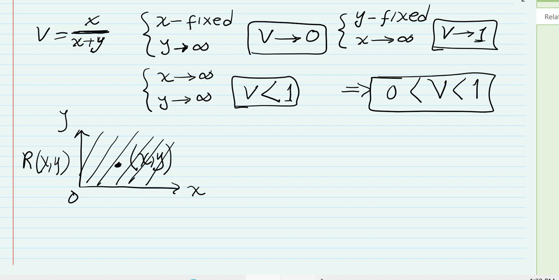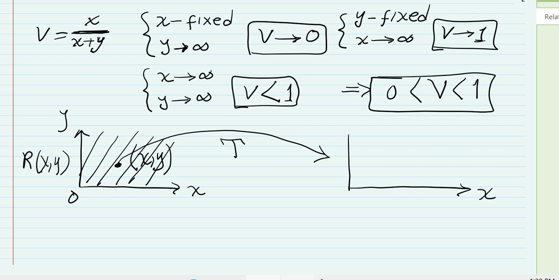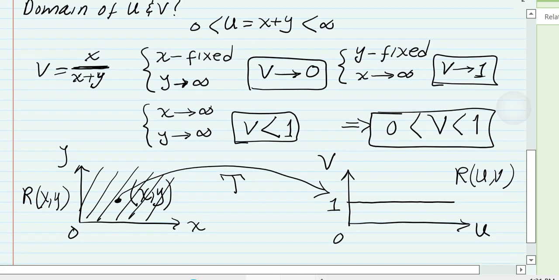The region in xy. Now, we're going to make the transformation that we just made, and that transformation is going to take that typical ordered pair (x, y) to (u, v). So under R_uv, the region in u and v, v runs between 0 and 1, and u is between 0 and infinity.